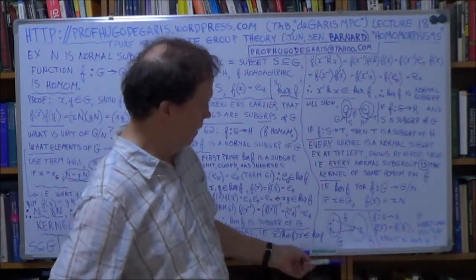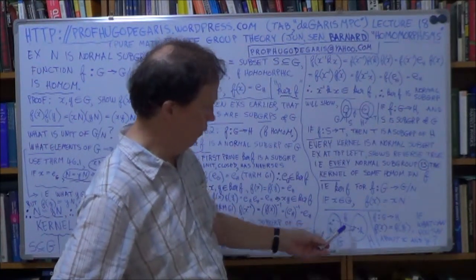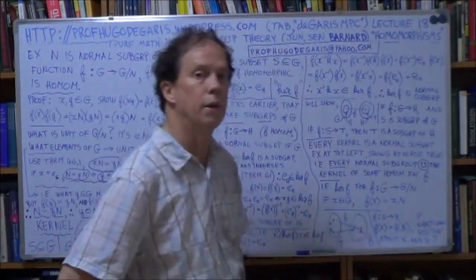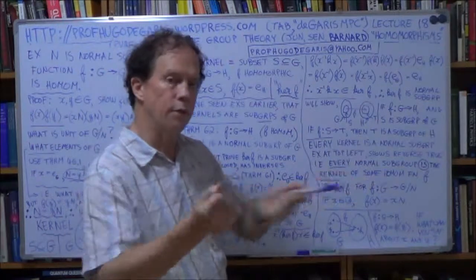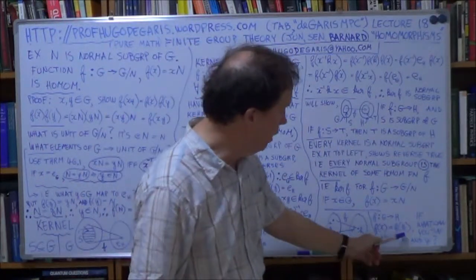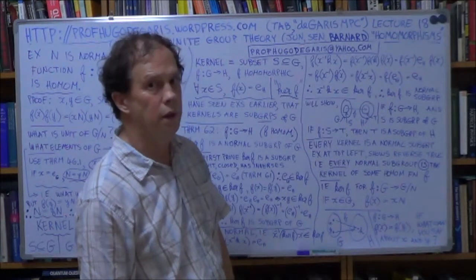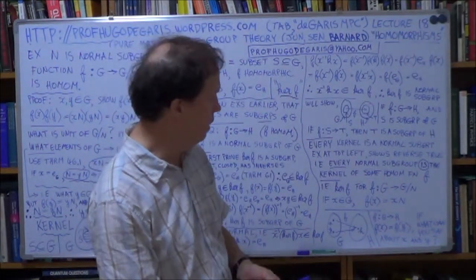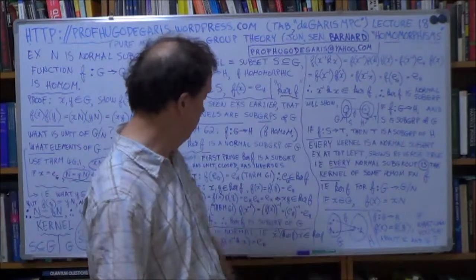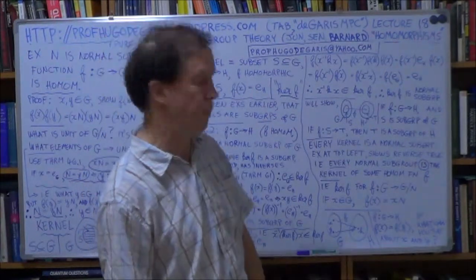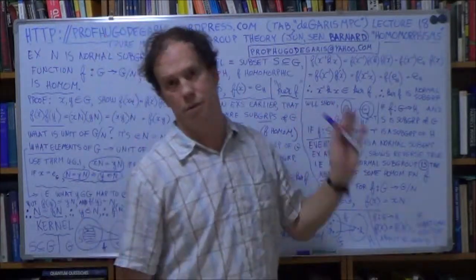If that's the case, and f is a homomorphic function, what does that tell you about x and y? What can you conclude about x and y? That's the question motivating the next theorem, which would be number 63. I've run out of boards, so I'll stop here.